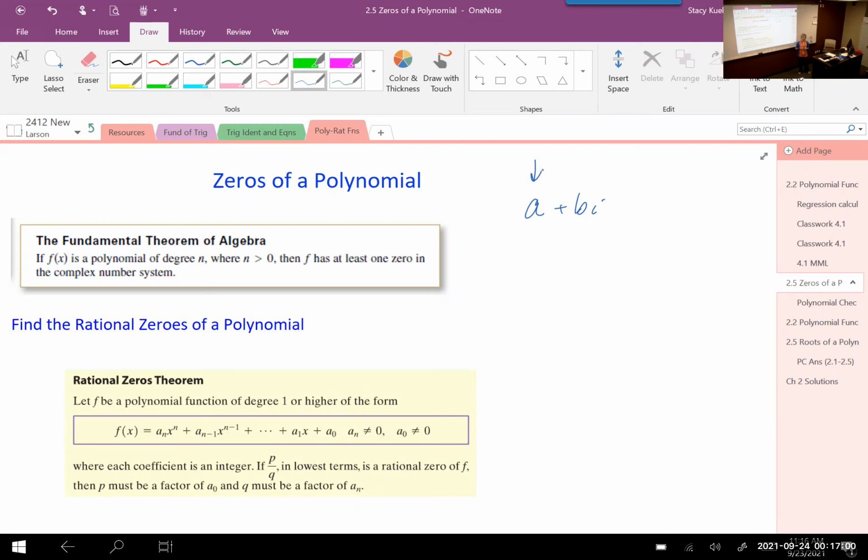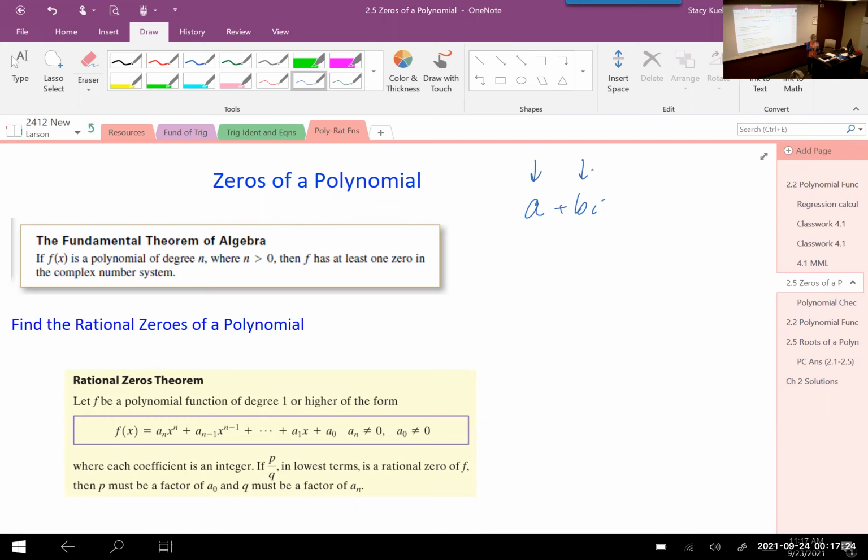Imaginary numbers are the ones that have the i next to them, right? Those are the square roots of negative values. So the imaginary part is represented by the i over here, all right? And when you put the two numbers together, they're called complex numbers, because it has a real part and it has an imaginary part.